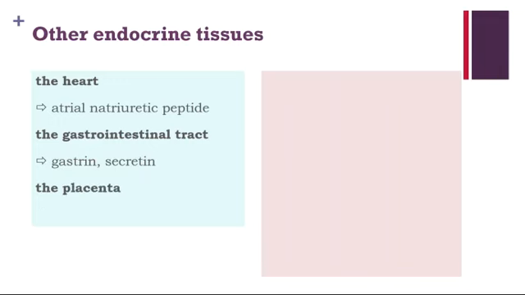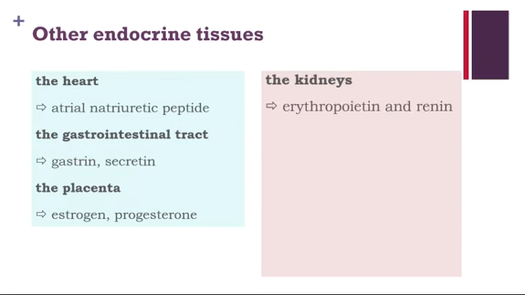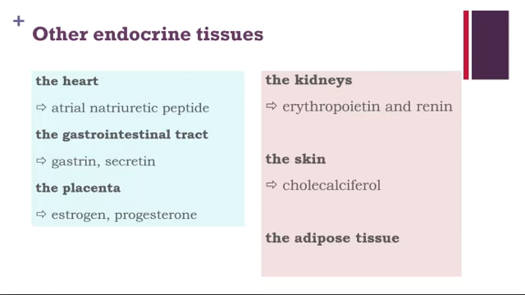The placenta produces estrogen, progesterone, and others. The kidneys produce erythropoietin and renin. The skin produces cholecalciferol. The adipose tissue produces leptin and resistin.